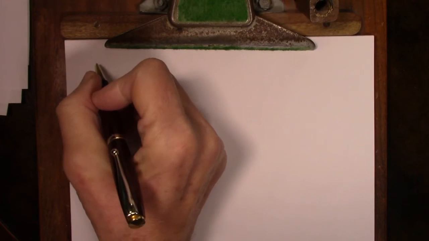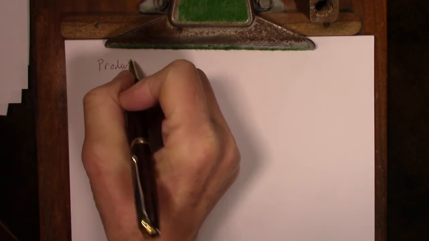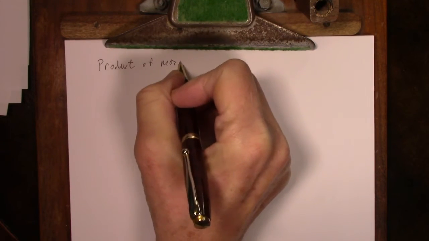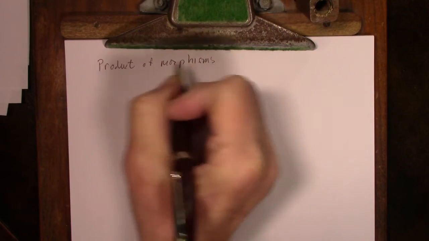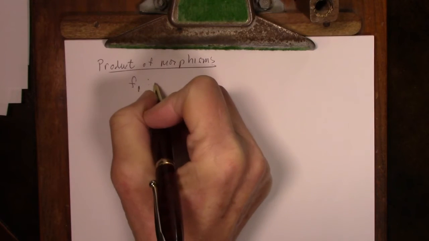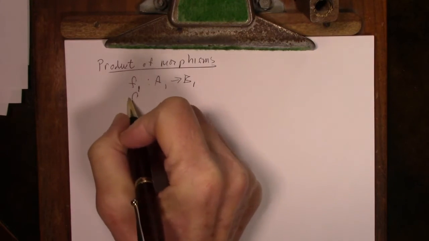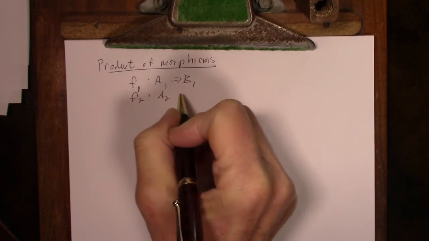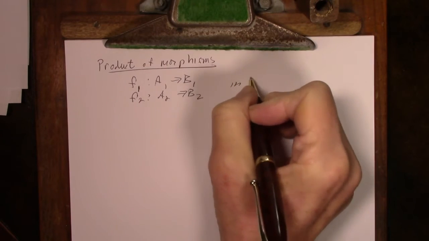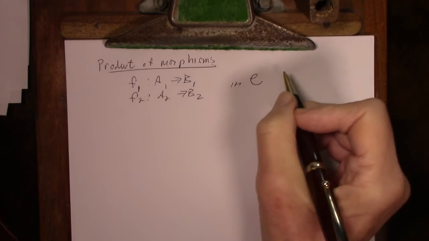We can use the categorical product of objects to define the product of morphisms. So let's say we have two morphisms sitting inside a category that has binary products.